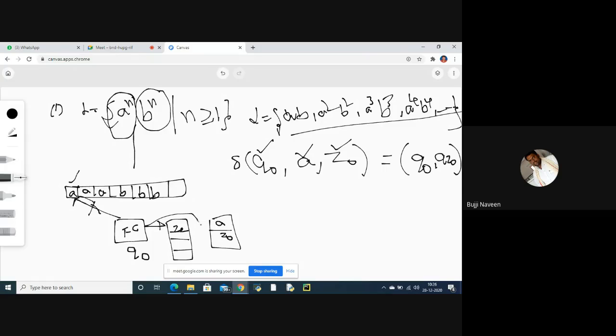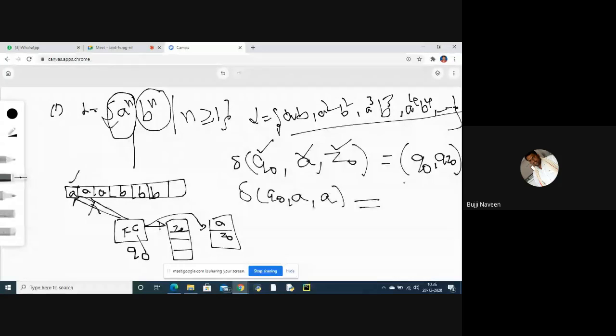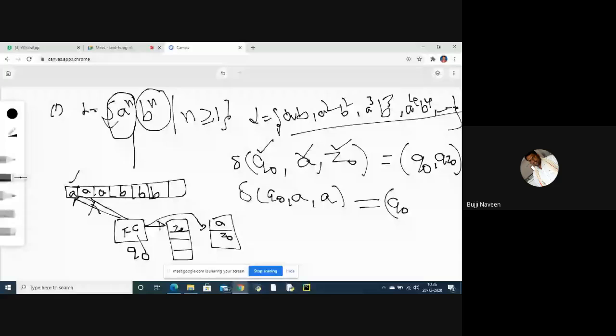So it is completed. Next, again delta of q0, a, a is equal to q0, comma a. Again I need to push a into the stack.